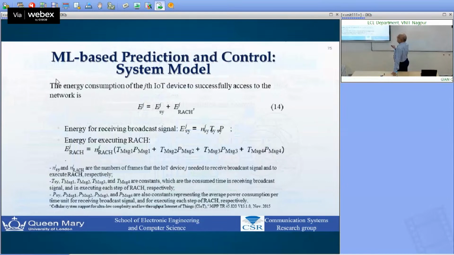Because if you take one IoT device, there are two cases of energy consumption. One is to receive the broadcast signal. The IoT base station broadcasts, so it will use a certain amount of energy to receive the broadcast. That is one type of energy. Another type of energy is for random access.